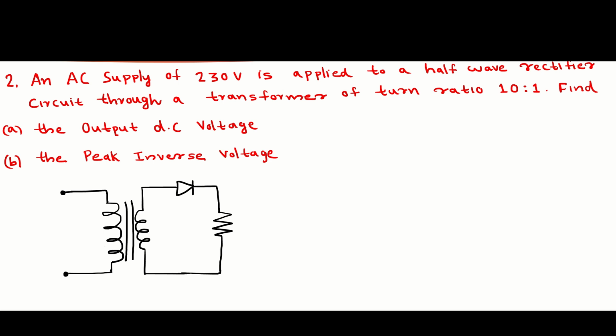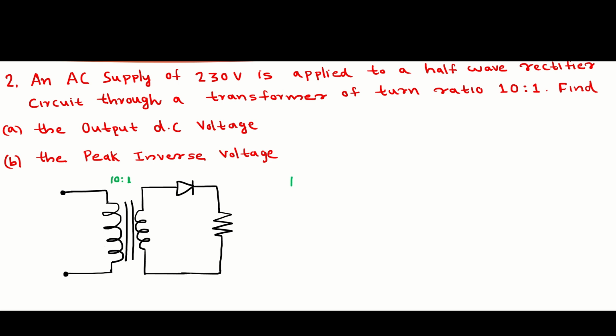So here I am showing a circuit diagram of half-wave rectifier, assuming the diode is ideal, and the turn ratio of the transformer is 10:1. That means the number of windings in the primary and the secondary are in the ratio of 10:1.